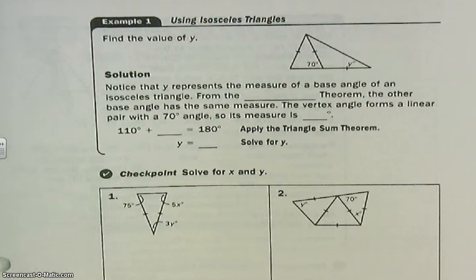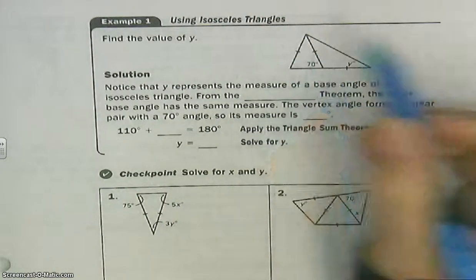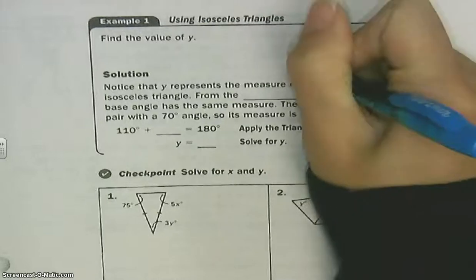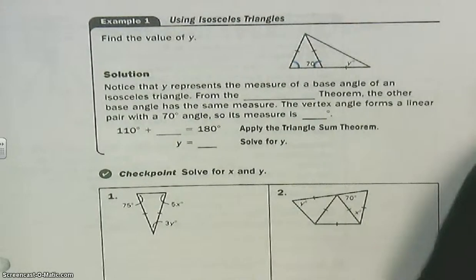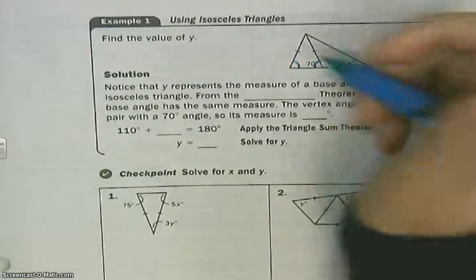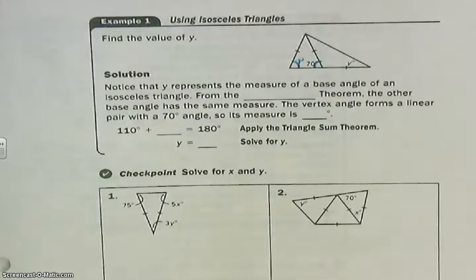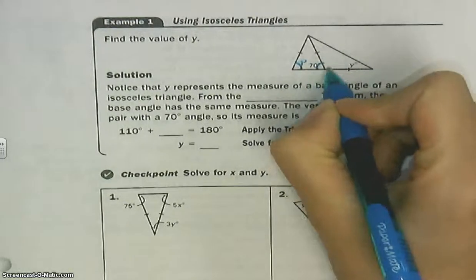So the first thing I notice is I've got two legs right here. And if I've got two legs, I've got two shoes or two base angles. So I'm going to mark my base angles. Base angle, base angle. Well, that doesn't really help. Okay, well, I know this is 70. And, oh, I see a linear pair right here.